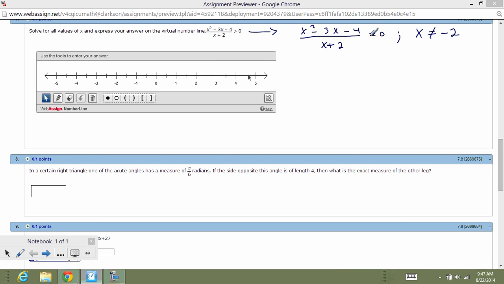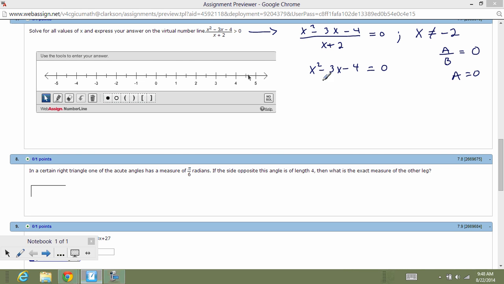Now from there, the other concept here, you have a rational expression, you have a numerator and a denominator, and the only way a rational expression can be equal to 0 would be if the numerator was equal to 0. And so we write x squared minus 3x minus 4 equals 0. Right? If you have an a over a b, and that rational expression equals 0, the only way that can happen is if a is 0, and of course b is not 0.